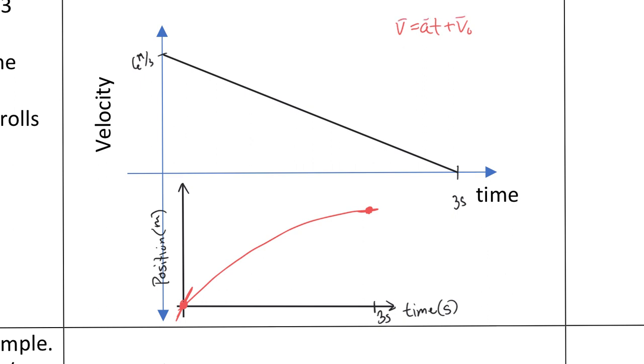The model would have worked, right? 0 equals A times 3 plus 6. This would yield negative 2 meters per second squared. I used the model, but how do you use the slope? The rise over the run, I go from 6 to 0, that's negative 6, and from 0 to 3, that's positive 3.